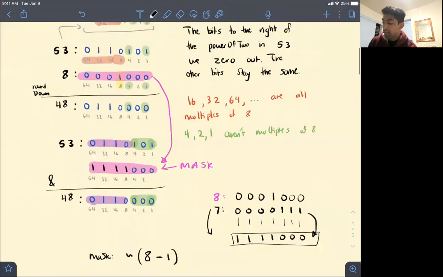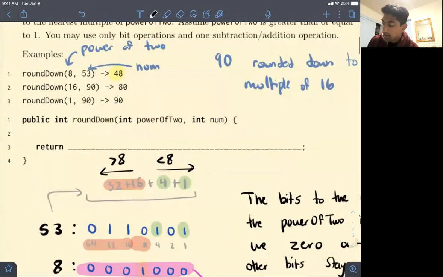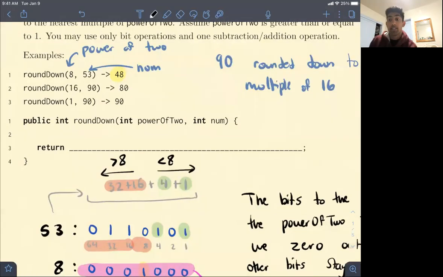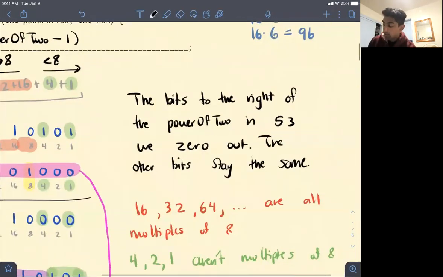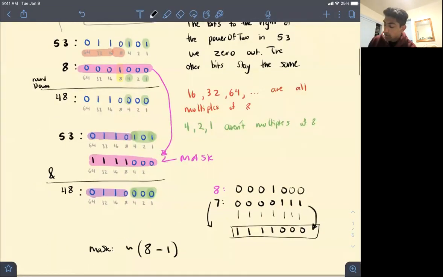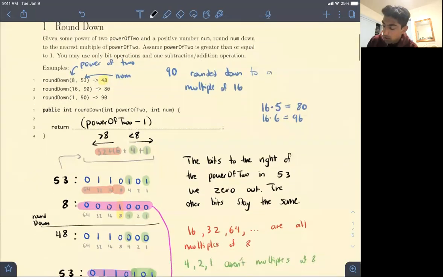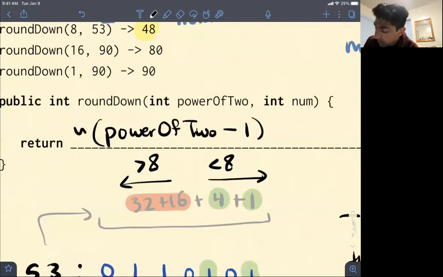So that, in essence, is our solution: we take the power of 2, which in this case was 8, we subtract 1, that gives us, in our example, the number 7. Then we want to flip all of those bits. So I'm going to put the flipping bit symbol.